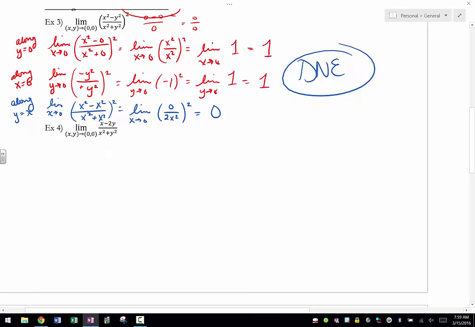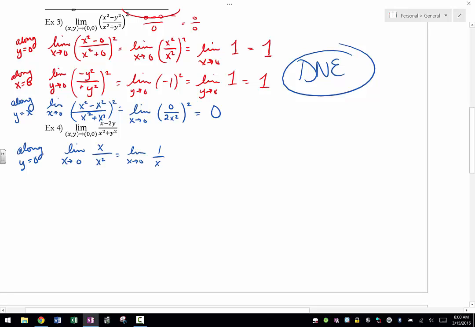So now I'm going to do it for this next one here. Again, I'm approaching through 0, 0, so I'm going to start along y equals 0. Start with the easy things. The limit as x approaches 0, y already equals 0, x over x squared, which is going to be the limit as x approaches 0 of 1 over x.